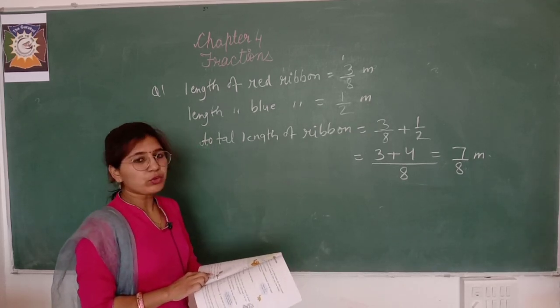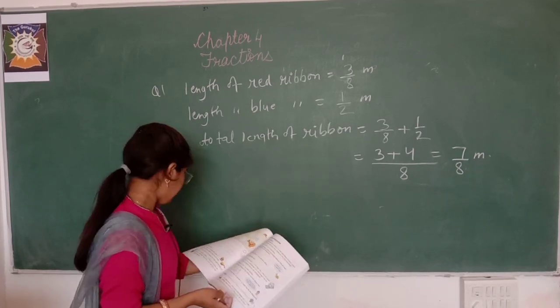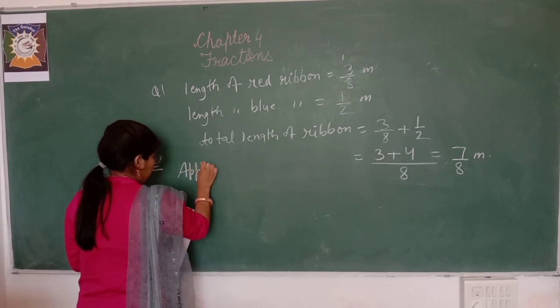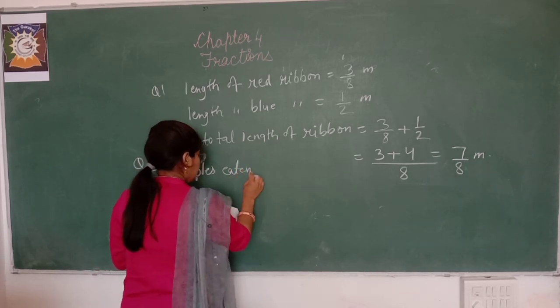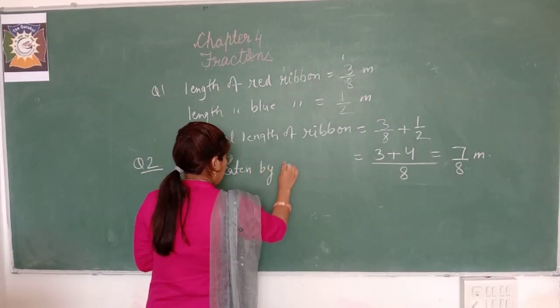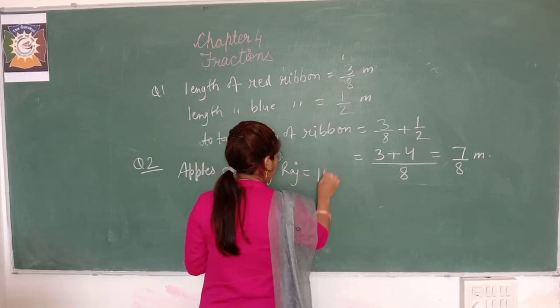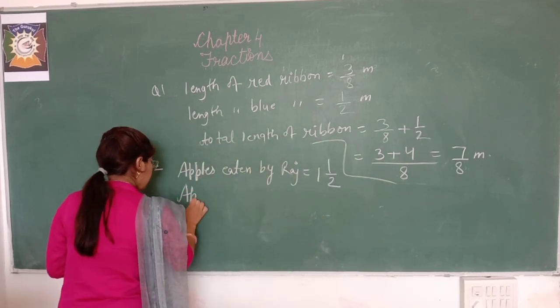Okay, we have to calculate how many apples both the boys ate. See, children, apples eaten by Raj is equal to 1/2 apple.